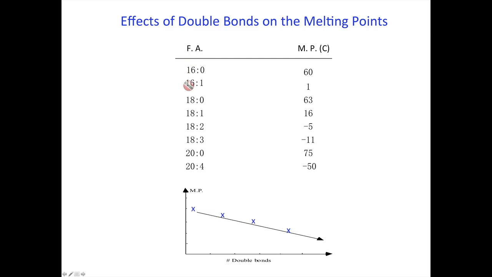This one is 16 carbon atoms, 1 double bond. And you see that just the presence of 1 double bond drops the melting point significantly. You'll see the same trend as you go through the others as well. So basically, the melting point decreases as the number of double bonds increase. So that's some good stuff there.